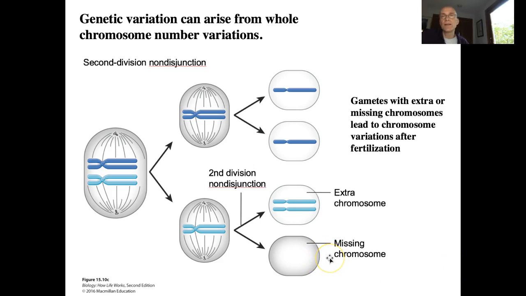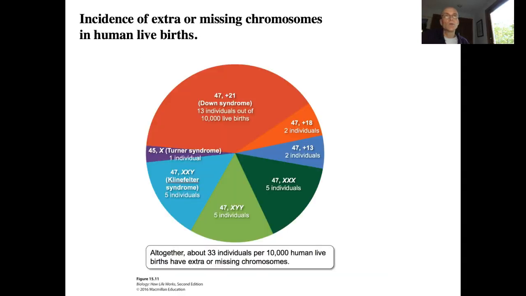But if it's missing one, then there's only a total of one. Likewise, if this one were to fuse with a typical gamete that has one chromosome, then it would have a total of 3 chromosomes, not 2, which is the norm.